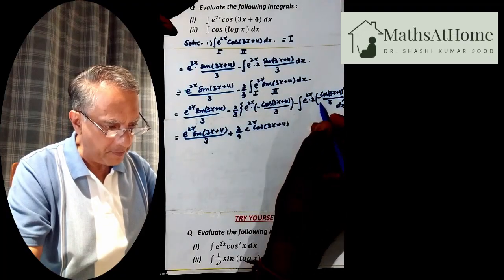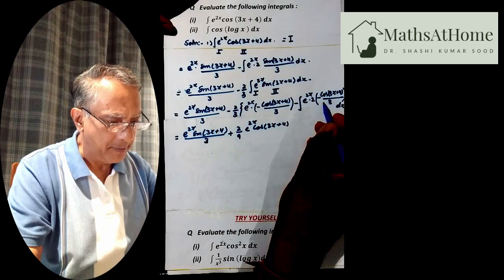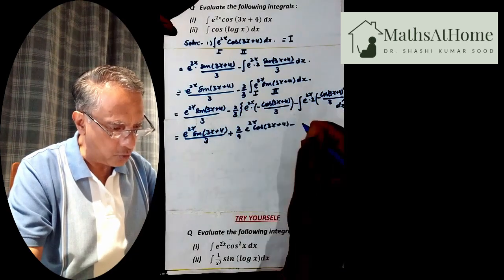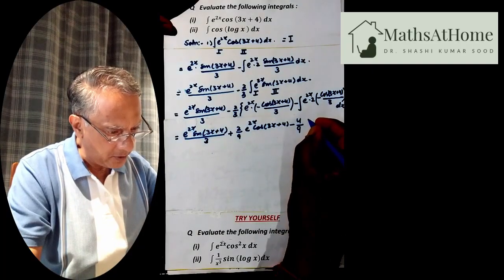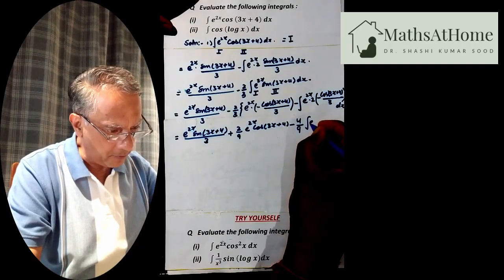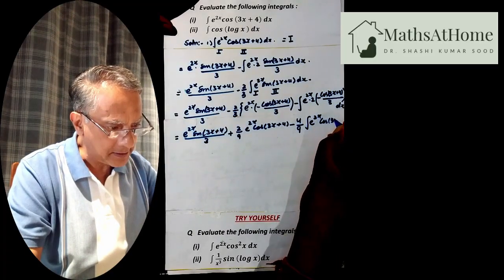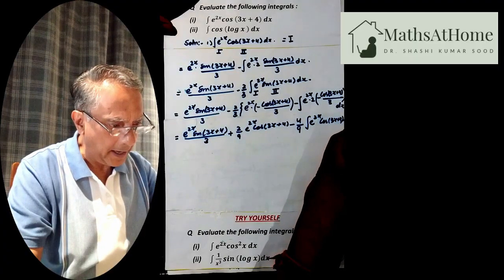And this will be minus, minus plus and one more minus, so the total sign will be minus. So this will be minus 2 by 3 into 2 by 3, which is 4 by 9. Minus 4 by 9 integral e to the power of 2x cos(3x + 4) dx.